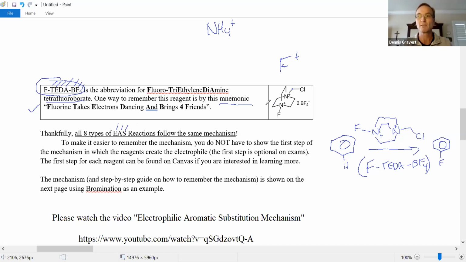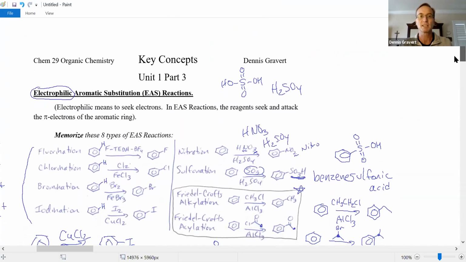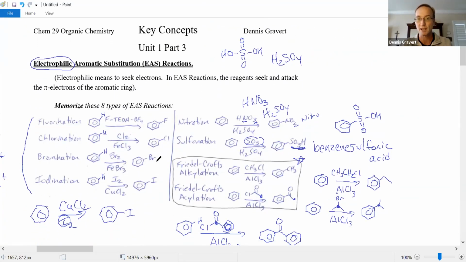So if you're putting fluorine on the ring, and I think the mechanisms talks about how to put bromine on the ring, well then just copy the whole mechanism, and every time there's a BR, change it to F. Do you want to know how to do the nitration mechanism? Look at the mechanism from bromine, change BR to NO2, and you got it.